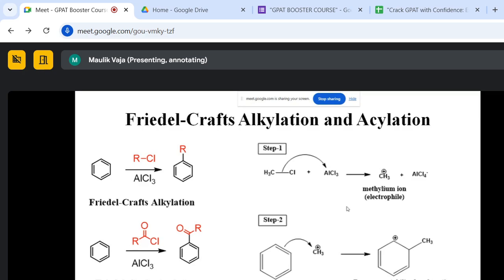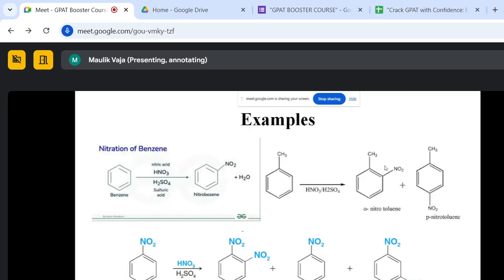If you carry out nitration of benzene, you will get nitrobenzene, you all know. If we carry out nitration of toluene, then we will get orthonitrotoluene and paranitrotoluene. If we carry out nitration of nitrobenzene with HNO3, H2SO4, we will get three products, but the major product will be metadinitrobenzene.